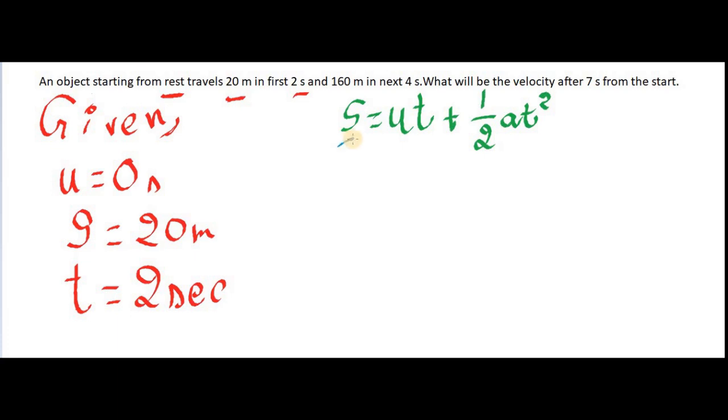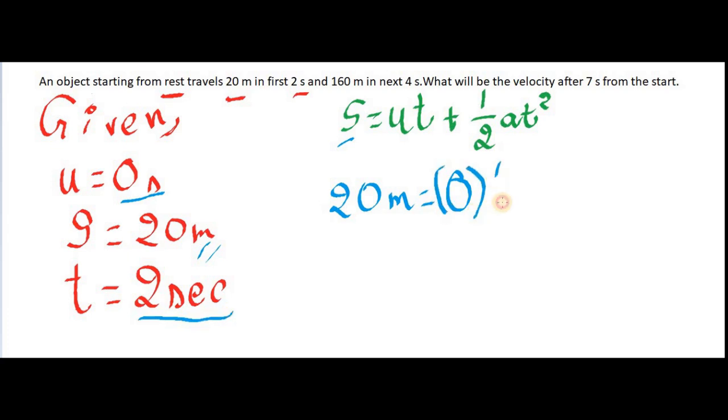Here first is s. What is s that we have here? It's 20 meters. So let's write 20 meters is equal to u. What is u? It's the initial velocity, which is 0. And what is the time? We already know from the question, it's 2 seconds.